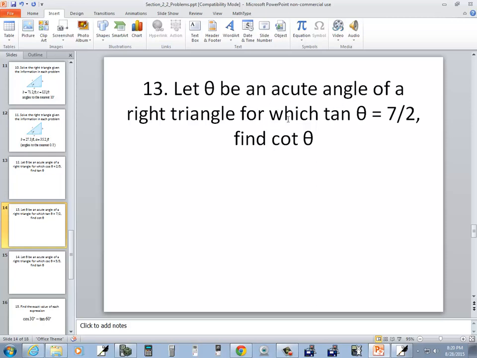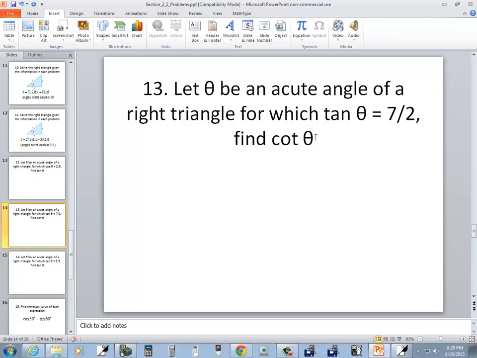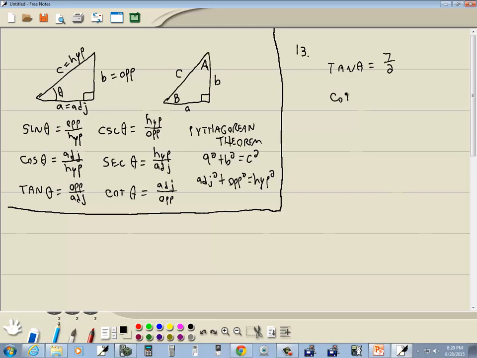Let theta be an acute angle of a right triangle for which tangent is equal to 7/2, and they want us to find cotangent. Well, if they give you these pairings, like sine and cosecant, cosine and secant, or tangent and cotangent, remember these are just reciprocals of each other. So if tangent is 7/2, cotangent will be 2/7, and that's our answer.